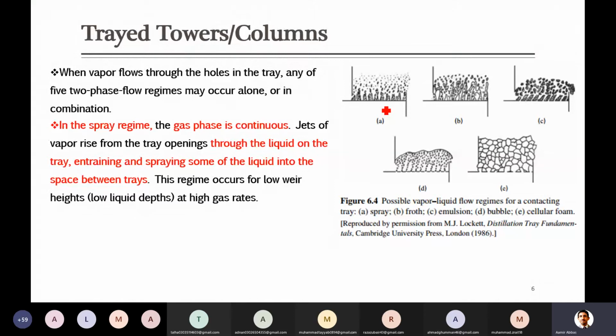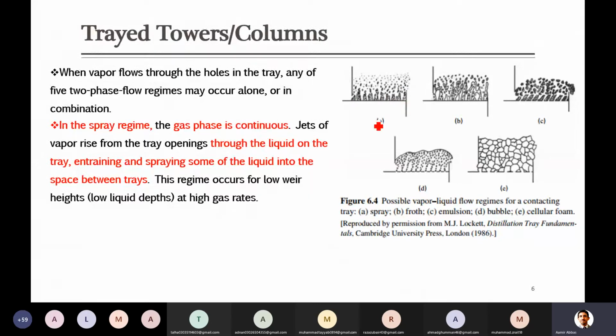In this kind of system, the gas phase has a high flow rate, the vapor has a very high flow rate, and, as you mentioned, it is continuously flowing through the system. In this case, usually the liquid level is low on the surface of the tray, or there is a small amount of liquid on the surface of the tray.